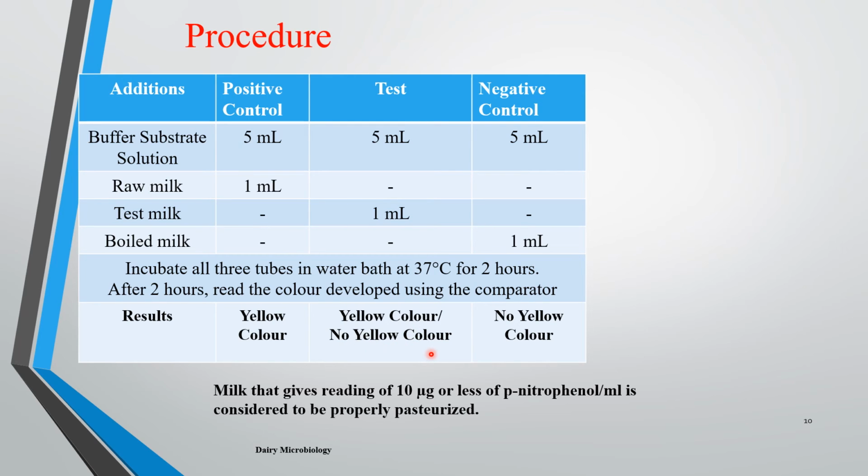No yellow color development indicates that that milk does not contain the phosphatase enzyme, means that milk is properly pasteurized at a particular temperature for a specific period of time. Milk that gives reading of 10 microgram or less of para-nitrophenol per ml is considered to be properly pasteurized.